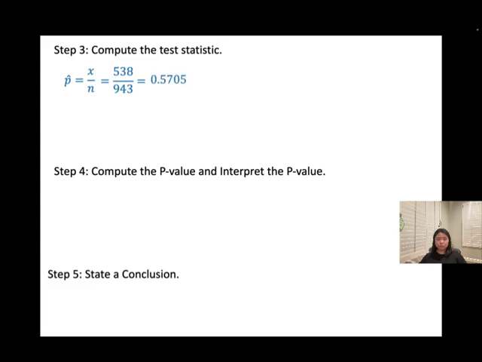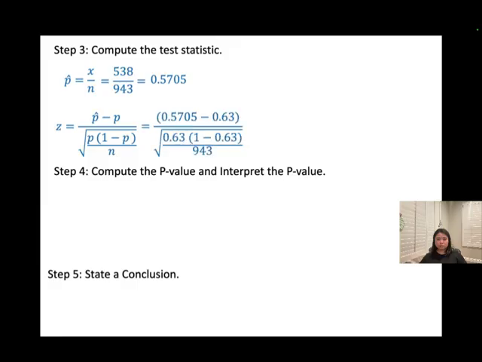You should get 0.5705. And then find the test statistic. Plug in all those numbers. Use your calculator. You should get negative 3.78.